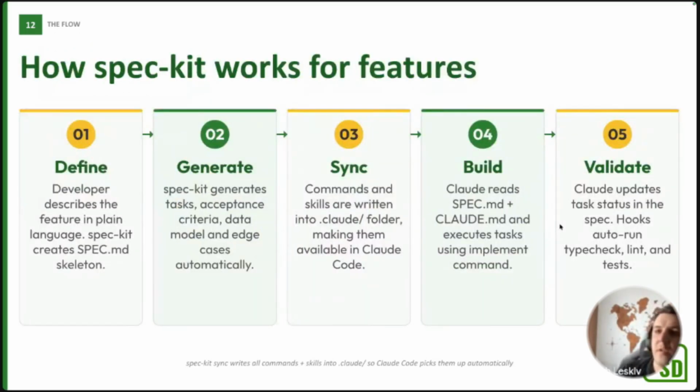At the feature level, it's also 5 steps. You describe the feature in plain language, and Spec Kit generates tasks, acceptance criteria, data models, and edge cases. It syncs commands into Claude, and Claude reads all the specifications and executes tasks. It also updates the task status in the specification file and runs all the auto linting, type checks, etc.